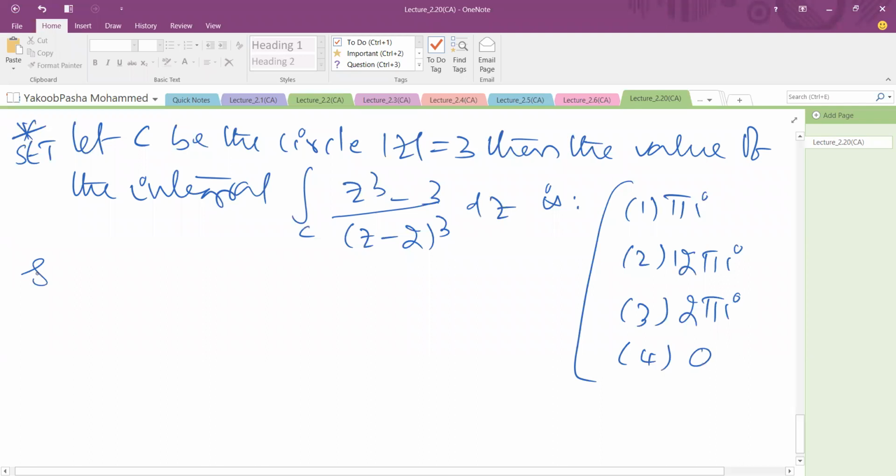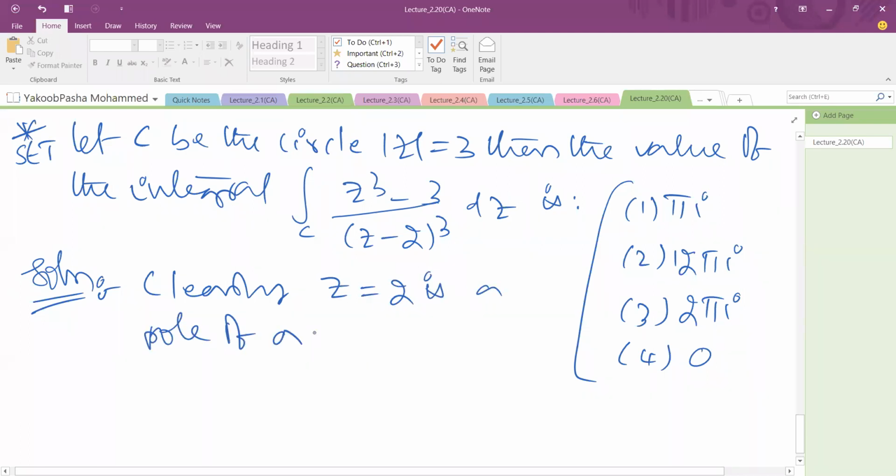Okay, so we can observe here clearly, when the denominator z minus 2 is equal to 0, that means z is equal to 2 is a pole of order m is equal to 3. Clearly we can observe this.